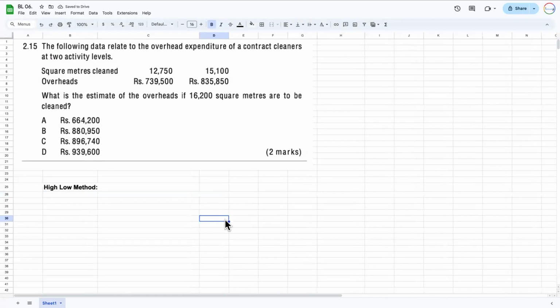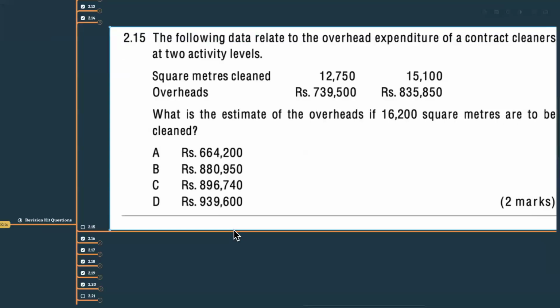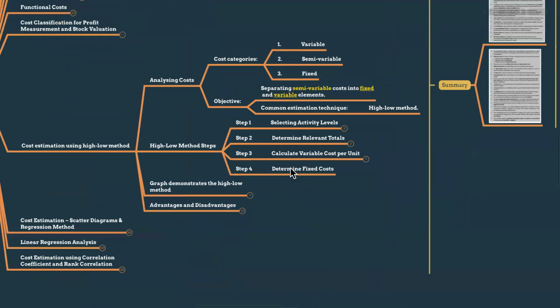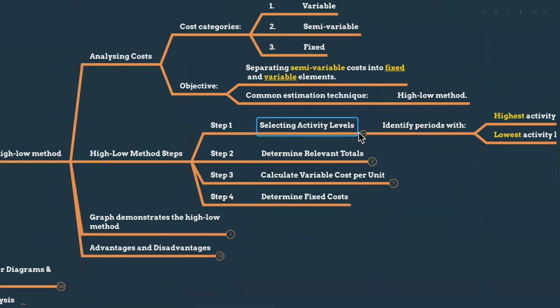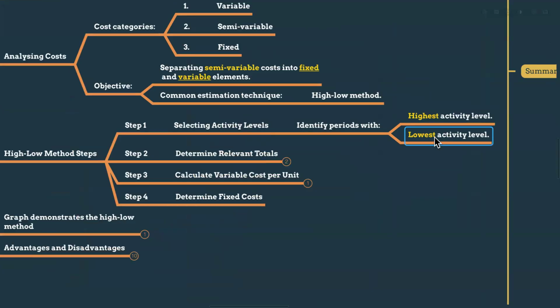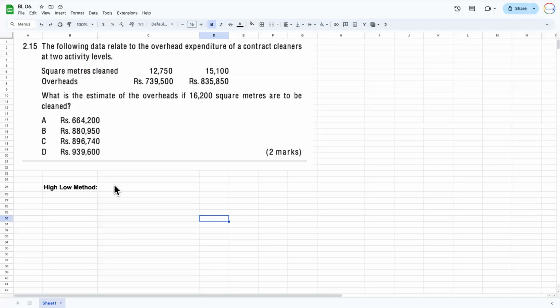First, you have to identify the highest activity level. As I have mentioned in your theories also, we have to select the highest activity level and the lowest activity level. So the highest activity level is 15,100. We are going to have one formula. In that formula, we have the bottom area with the units and the top area with the cost associated with those units.